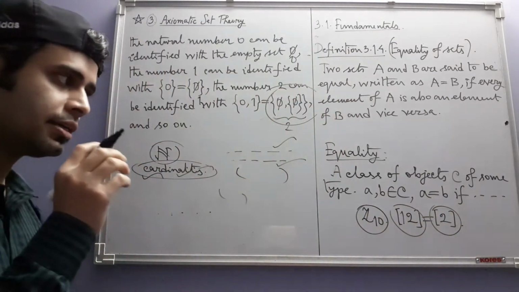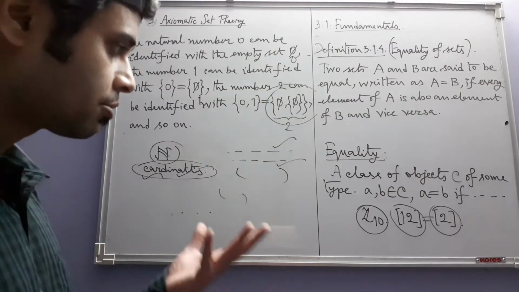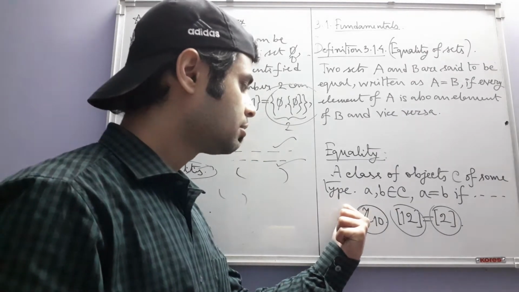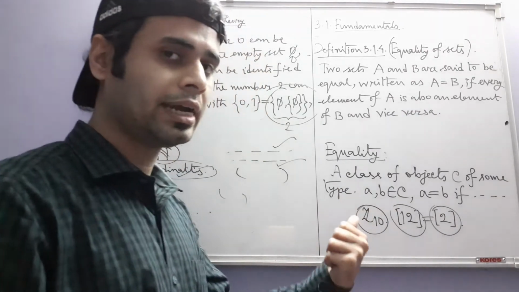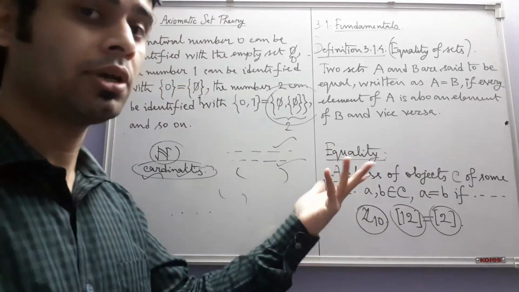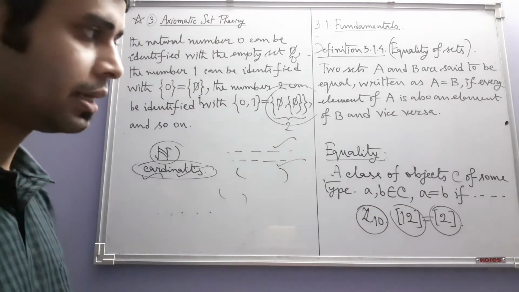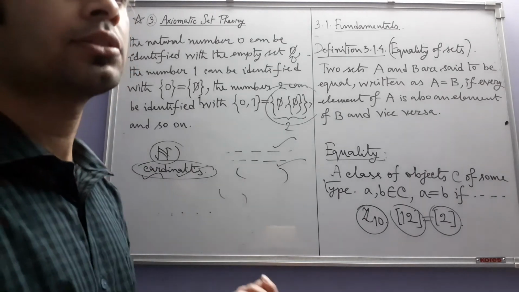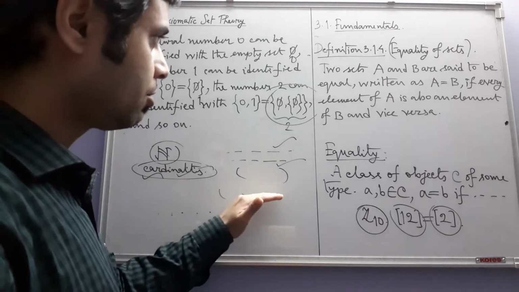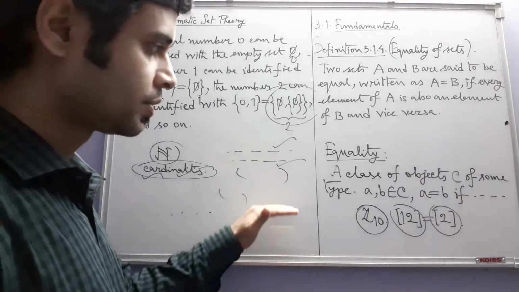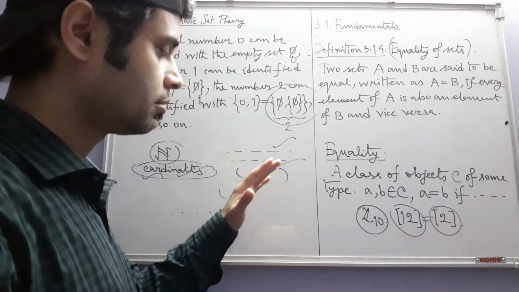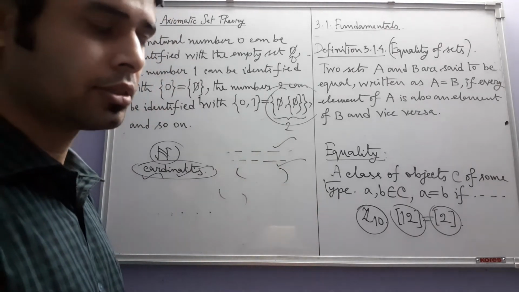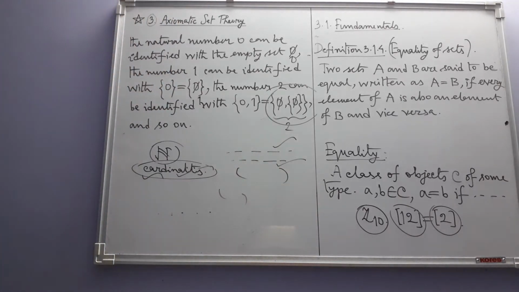So there is a definition of equality, but the question is, are there any common properties that all the definitions of equality satisfy? Yes, there are some common properties that any concept of equality must satisfy, and we already know 3 of them. Together they are said to give us an equivalence relation, but there is a 4th one also.